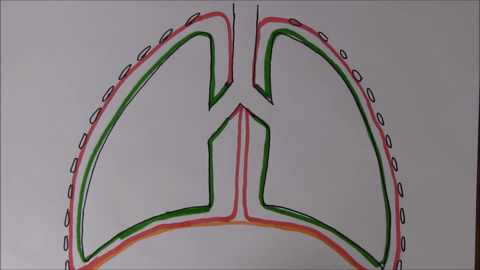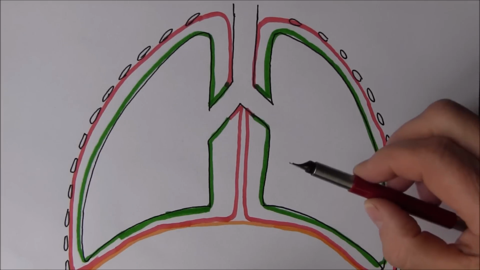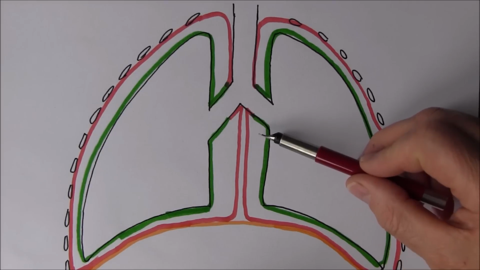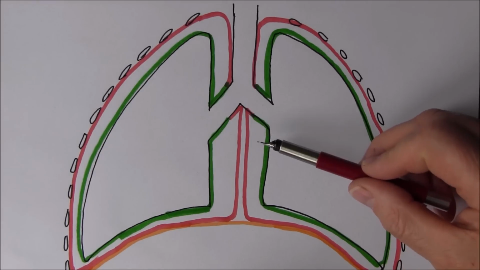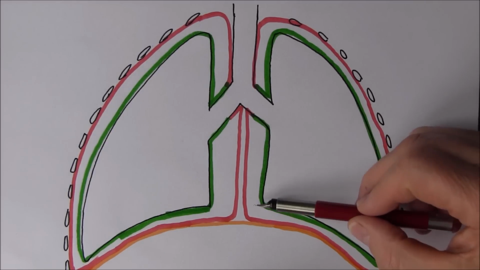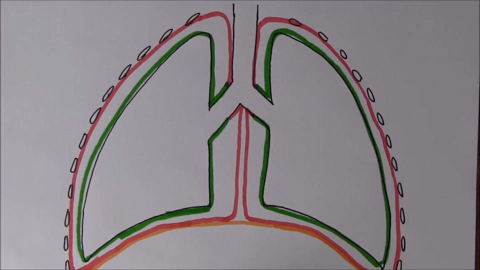But it doesn't separate because the other main factor here is the surface tension. Now, in the pleural space, which is not actually a space, it's a potential space, there's actually a thin layer of fluid, and this fluid is essential for the surface tension that's going to hold them together.